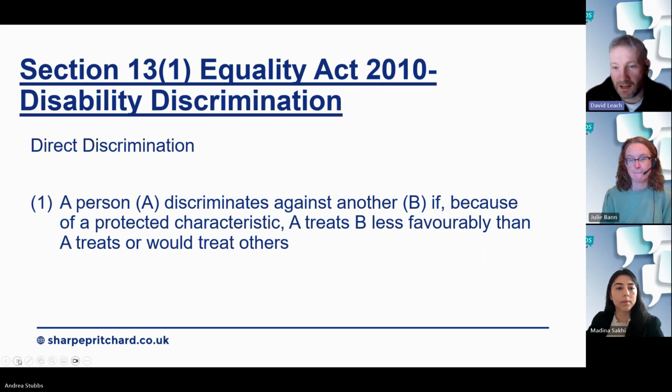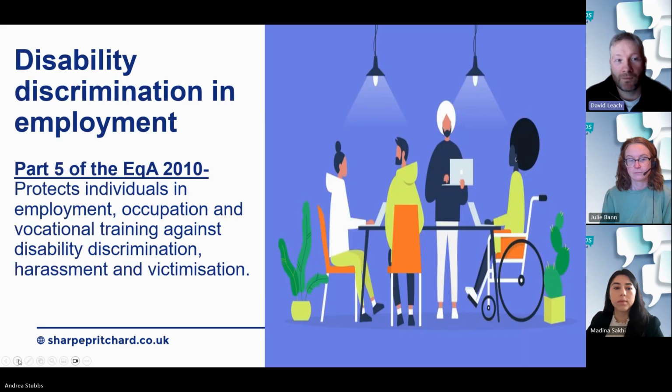And I think we can all say we've seen instances where someone doesn't like something and then they say it's because of my race, my gender, my sexual orientation, or my disability. And that's where a lot of employee claims fall over, is they can't prove that it's because of that protected characteristic.